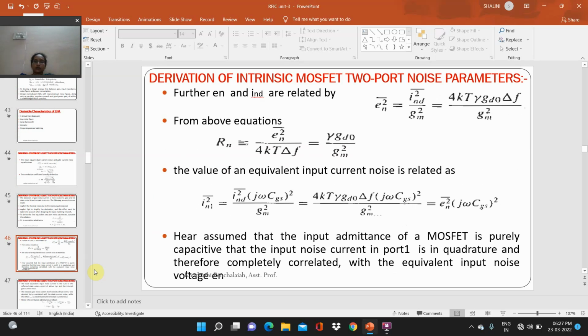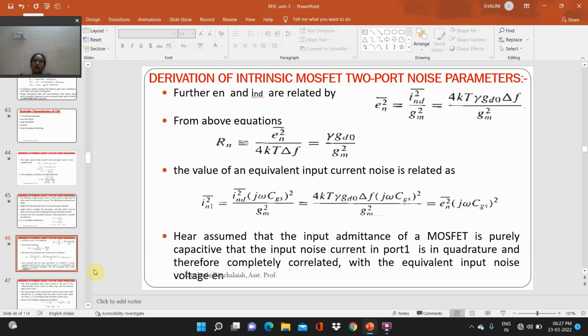Further, En and Ind are related by En square is equal to I square Nd by Gm square, equal to 4 kT gamma G D0 delta F by Gm square. From the above equations, Rn is equal to En square by 4 kT delta F, equal to gamma G D0 by Gm square.